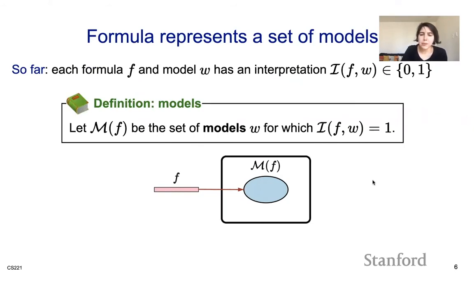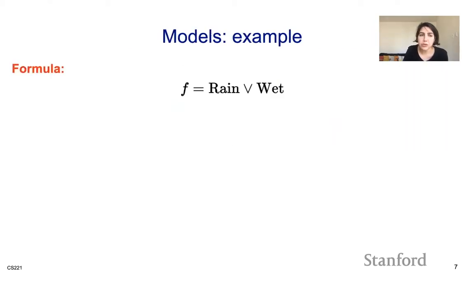Basically, intuitively, you can think of this models of F as all the worlds, all the assignments where F holds, and anything outside of this still has some possibility, but that's a setting where this particular F doesn't necessarily hold. Let's look at an example. Let's say our formula F is rain or wet.